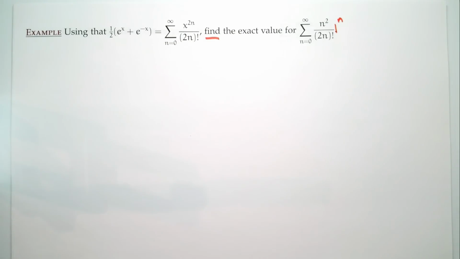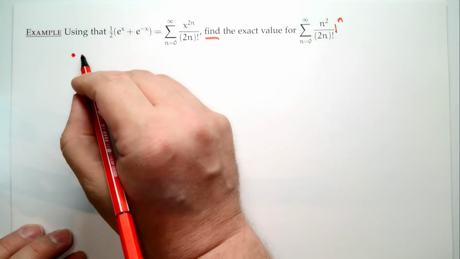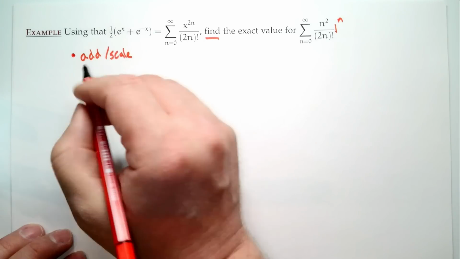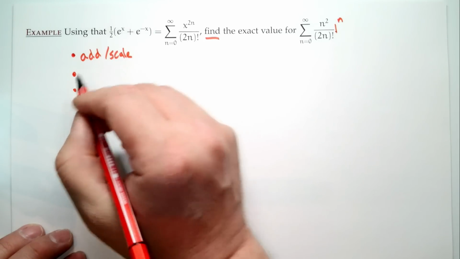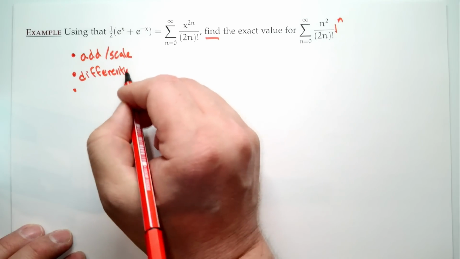So now we put on our thinking hats, and we ask, what can we do to introduce n's, or move n's around? There's a couple things we can do. The basic things are we can add and scale things, but the other two are the fun ones, which are we can differentiate and we can integrate.